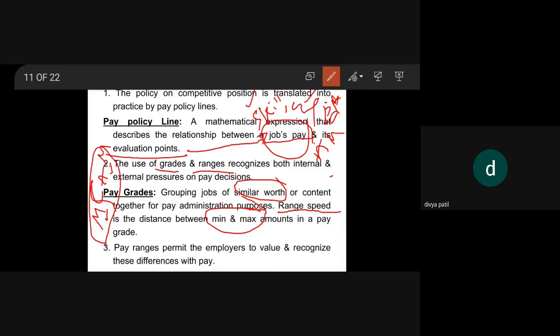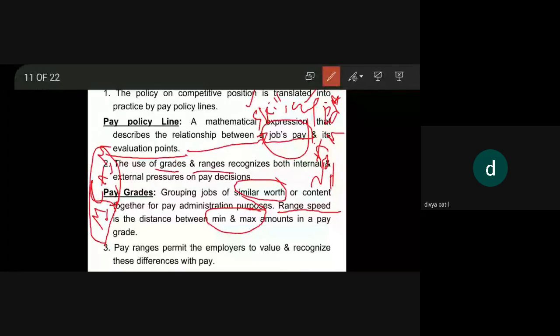So the range talks about how much the difference is between the manager and the assistant manager. If the assistant manager is paid 1 lakh rupees and the manager is paid 1,20,000 rupees, then 20,000 is the difference. Why the 20,000 has to be the difference between them, your pay range talks about that.